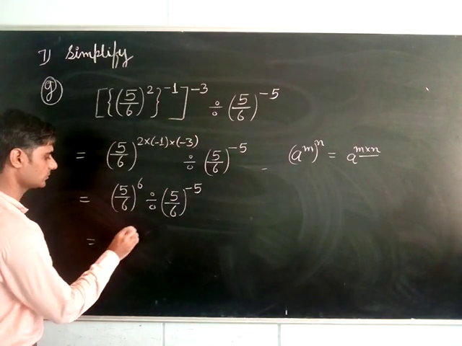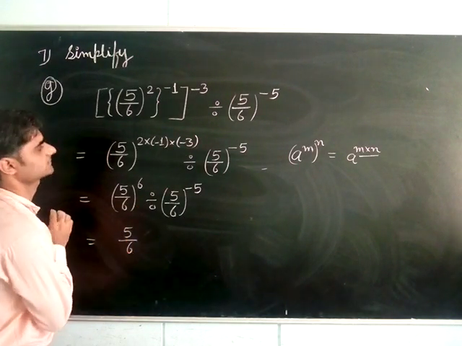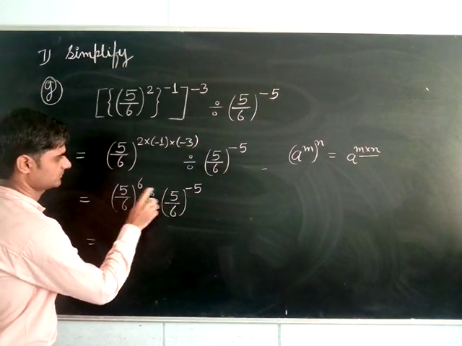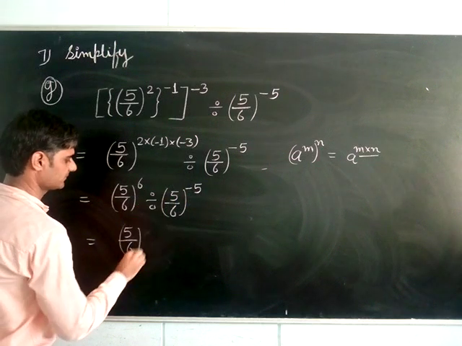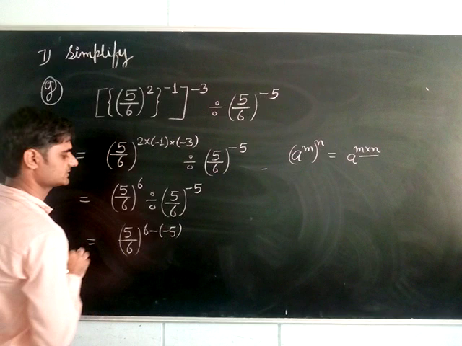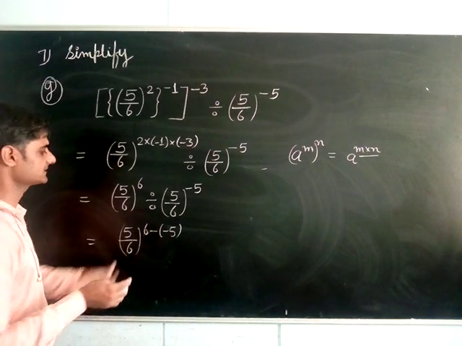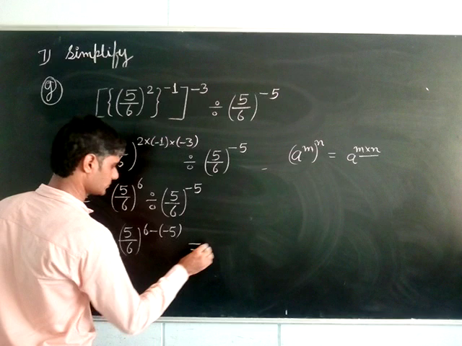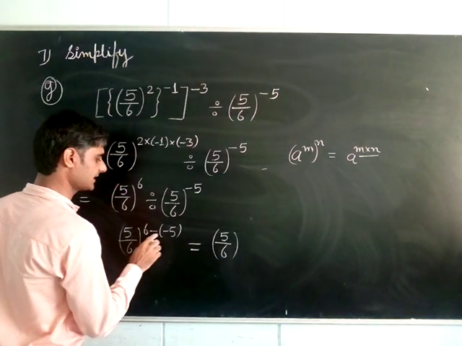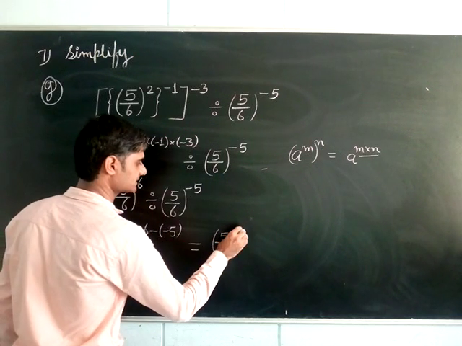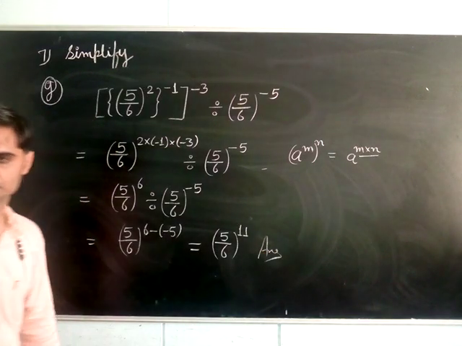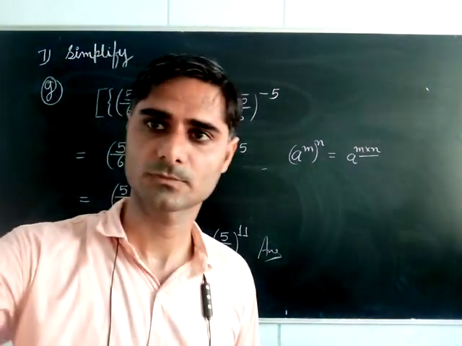So this will be equal to 5/6 to the power 6 minus (minus 5). We have subtracted because of this division sign, so minus minus plus, 6 plus 5 equals 11. This is only a one. You may write like this. Okay.